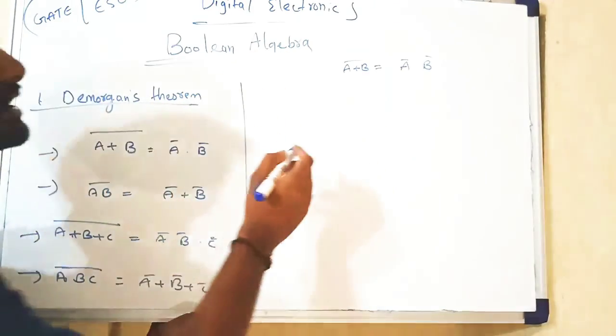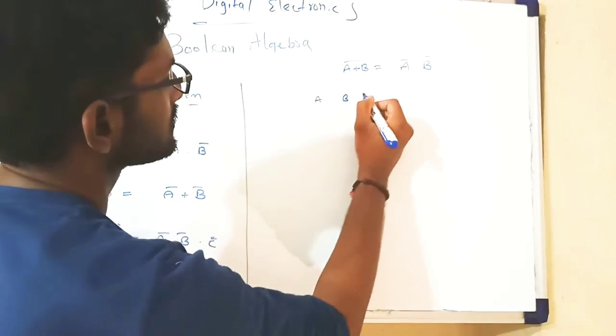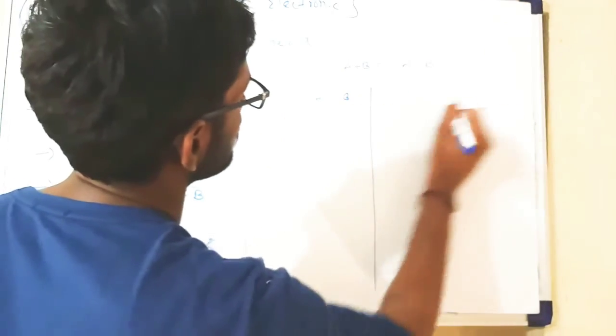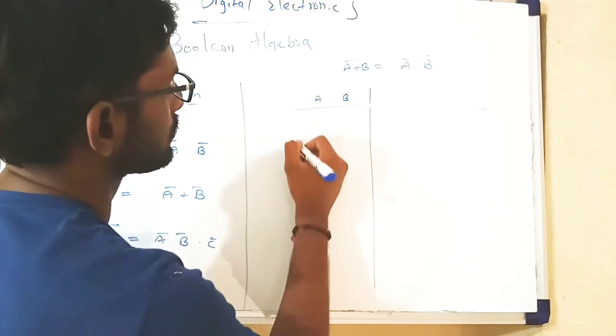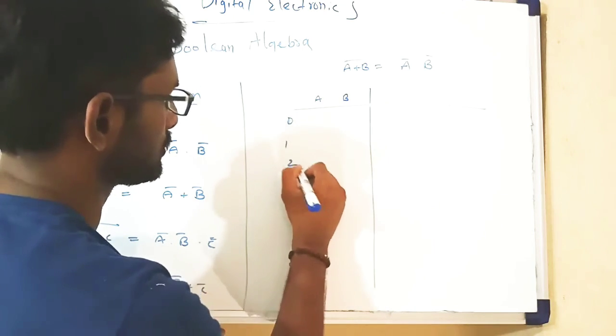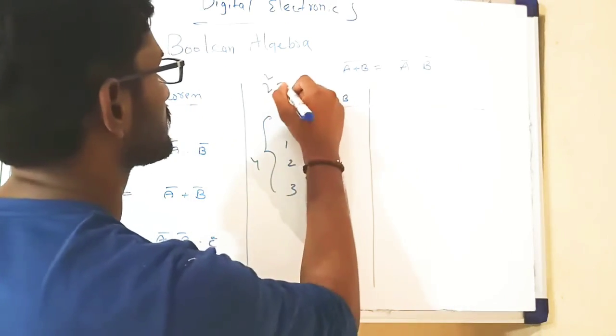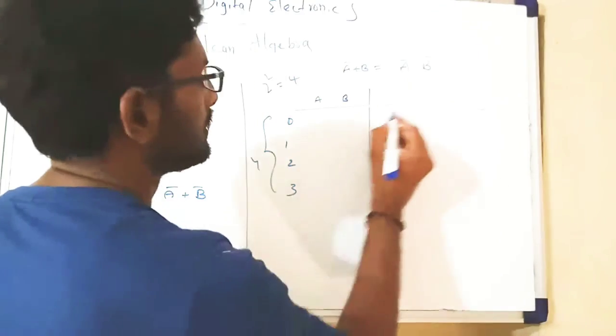Here we have 2 bits, A and B. Using 2 bits, this is A and this is B. We can have a total of 4 values, which I am numbering as 0, 1, 2, 3. Total 4 values using 2 bits because 2 square equals 4.